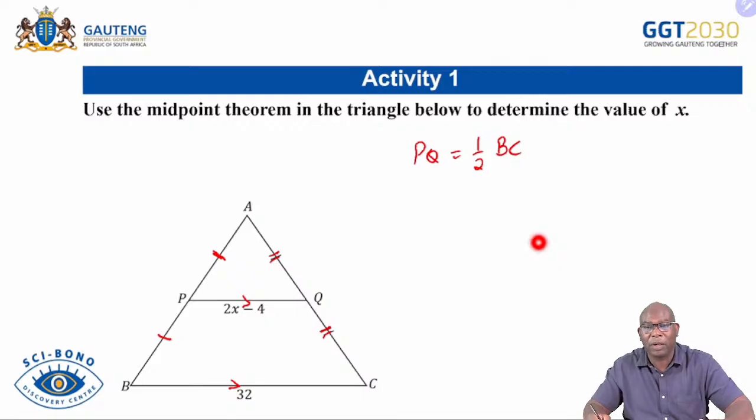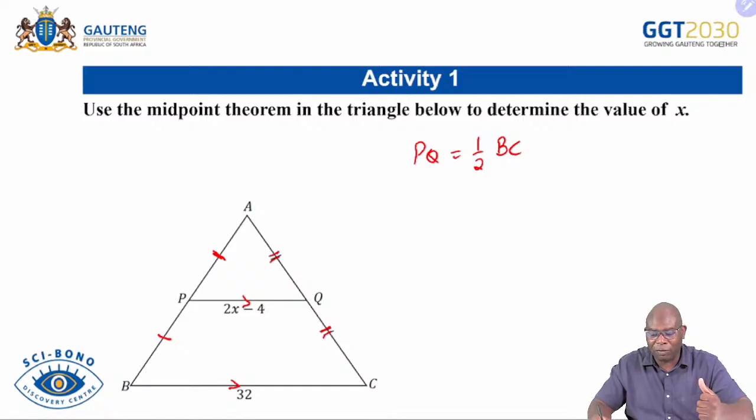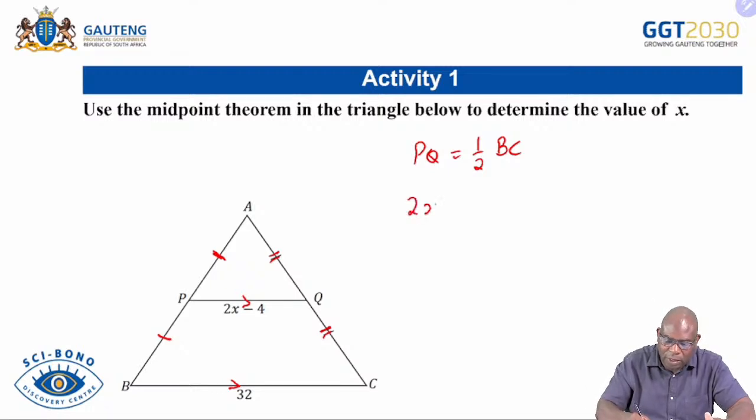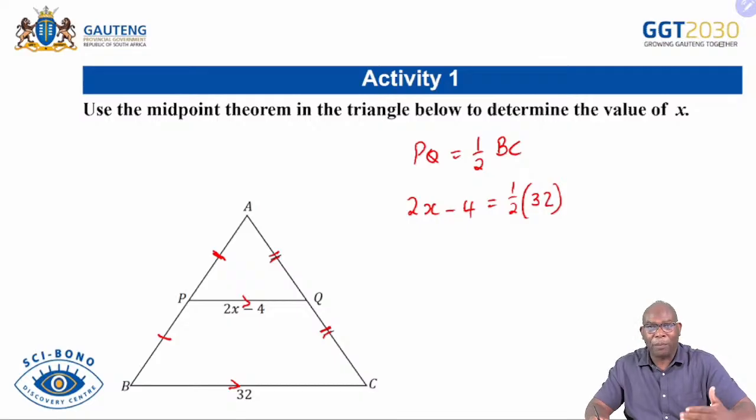So the theorem states that PQ is equal to half of BC, and it's also parallel to BC. PQ is given as 2x minus 4, and BC is given as 32.